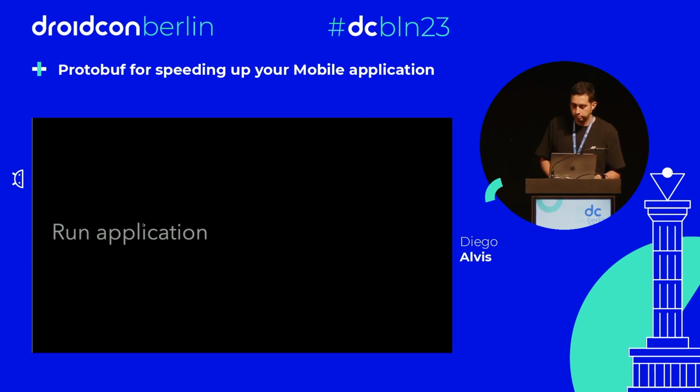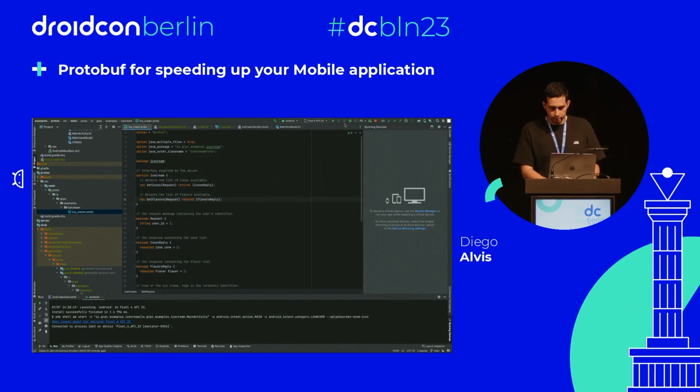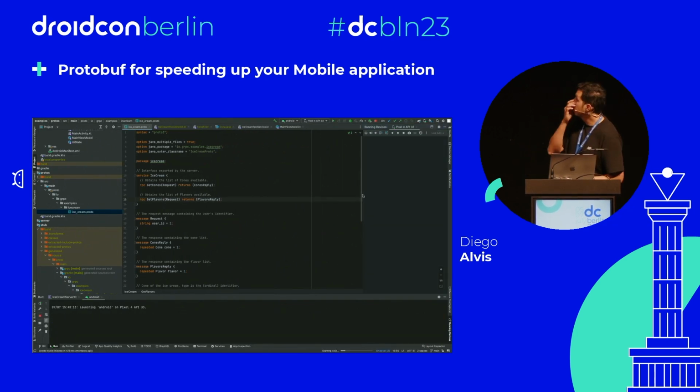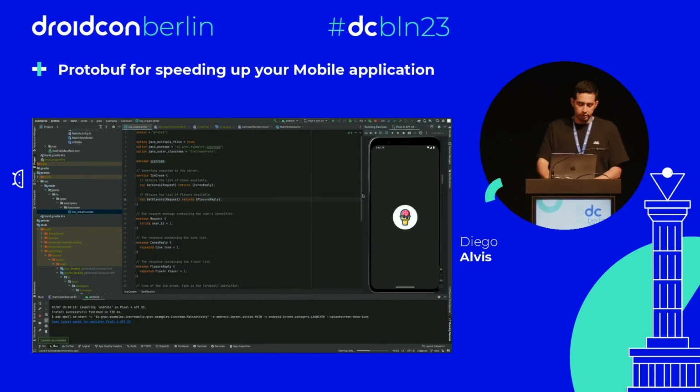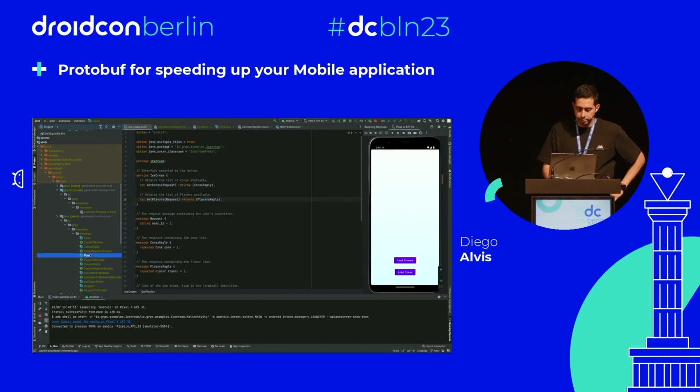All right, that's it. I will try to show a live demo here, but if not, I have a video prepared. As you can see here, there are these classes, you have the cones, you have the flavors.